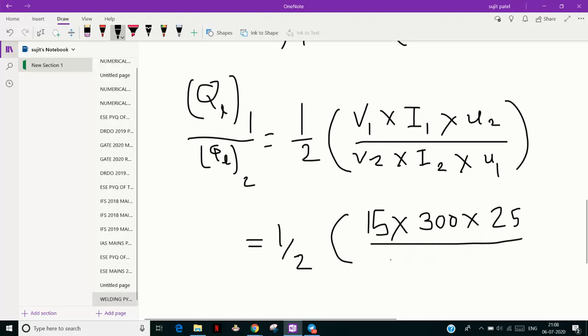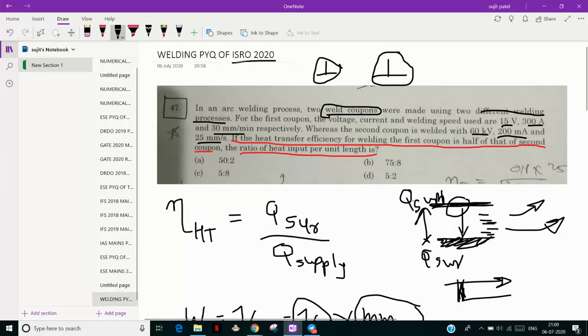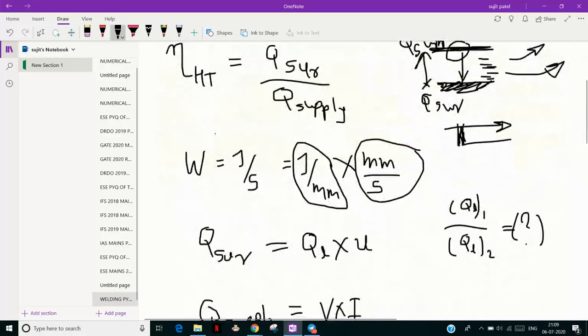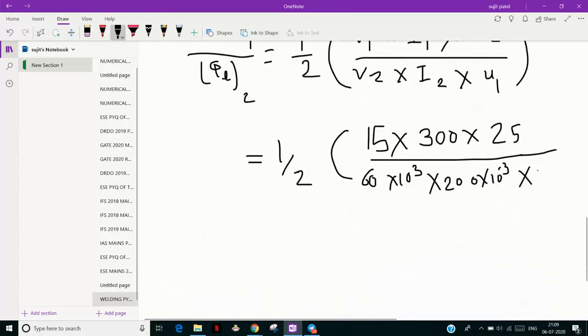Voltage for the second coupon is given as 60 kilovolt, so 60 into 10 raised to 3, and current is 200 milliampere, that means 200 into 10 raised to minus 3. And the velocity for the first coupon is 30 mm per minute. We have to convert it to per second, so we get 30 divided by 60.